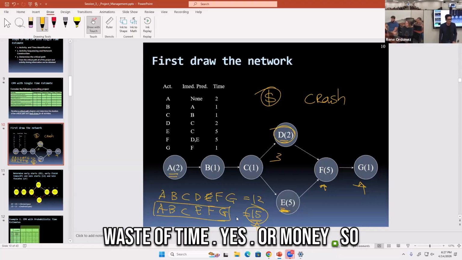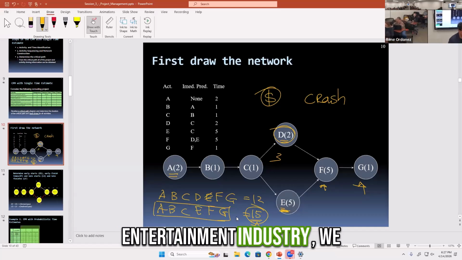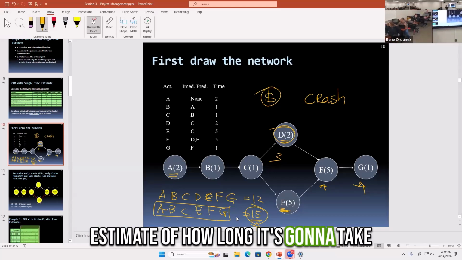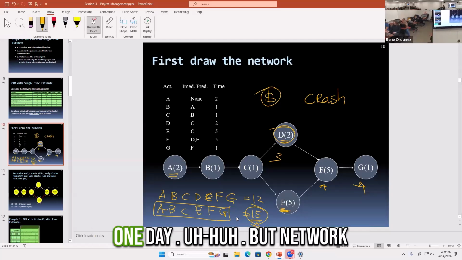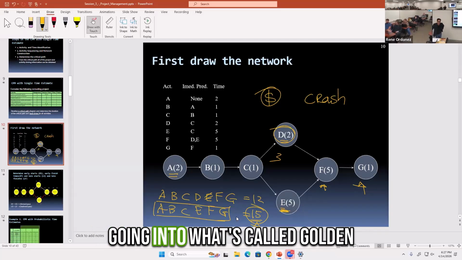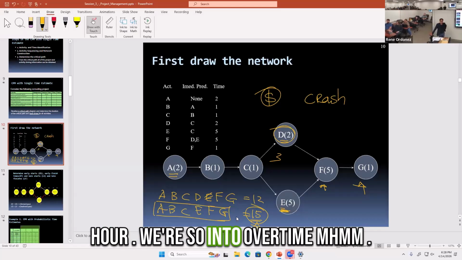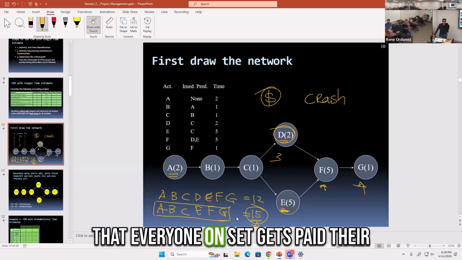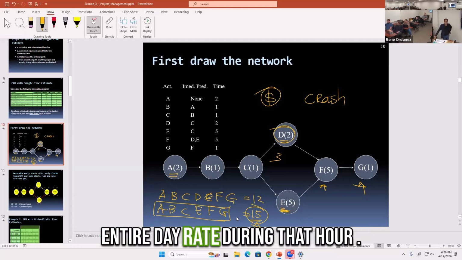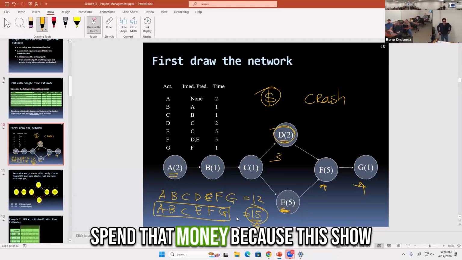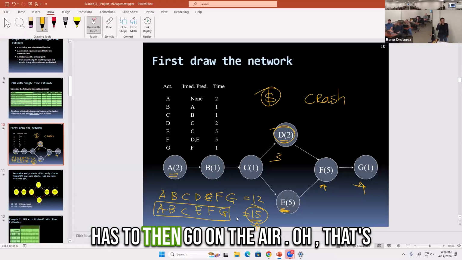Yes, or money. This happens in the entertainment industry. We schedule based upon a best estimate of how long it's going to take to shoot a bunch of scenes in one day. Network television shows are notorious for going into what's called golden time, which basically means every hour we're into overtime, everyone on set gets paid their entire day rate for that hour, but they will spend that money because the show has to go on the air at a specific set time.